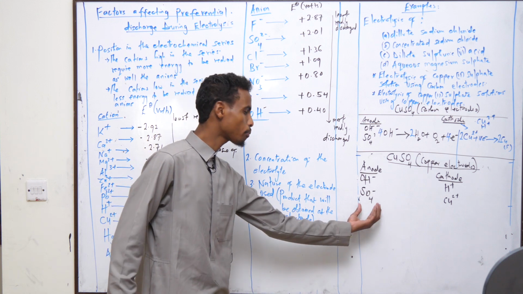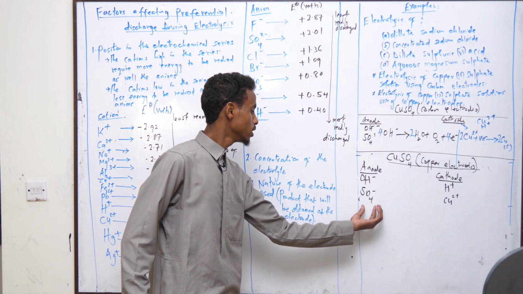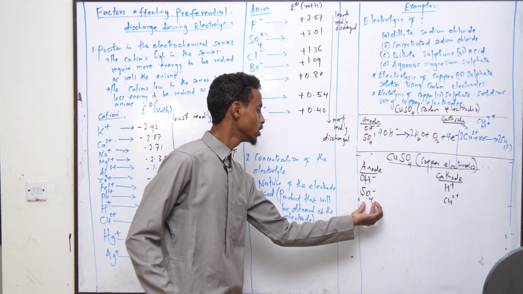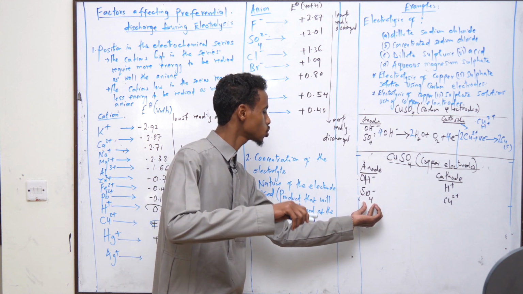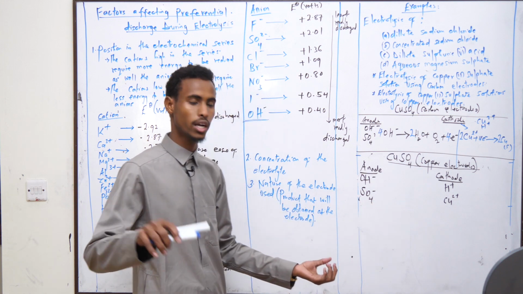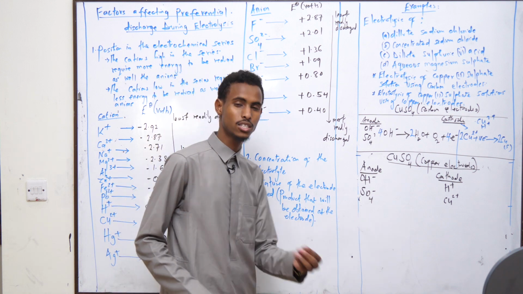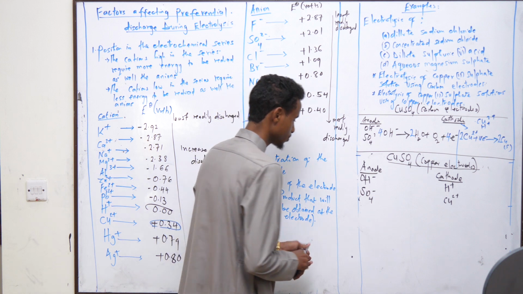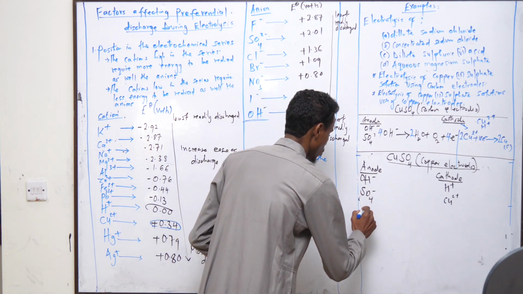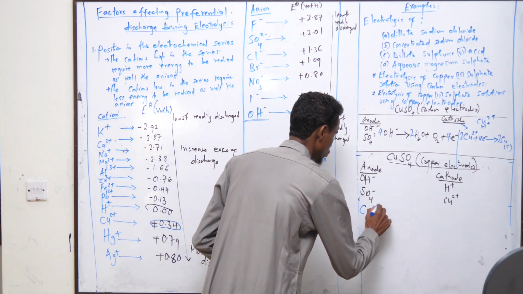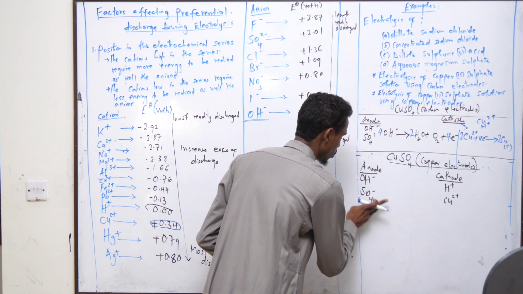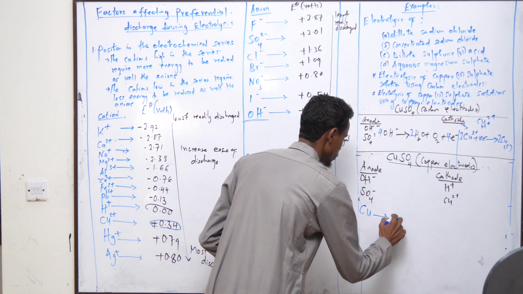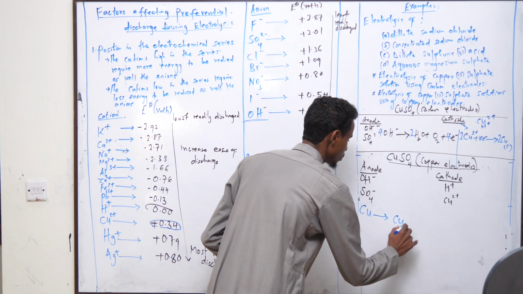Instead, the copper anode undergoes oxidation and enters the solution in the form of copper 2 ions. Now, look, we have the copper electrode becoming copper 2 ion.